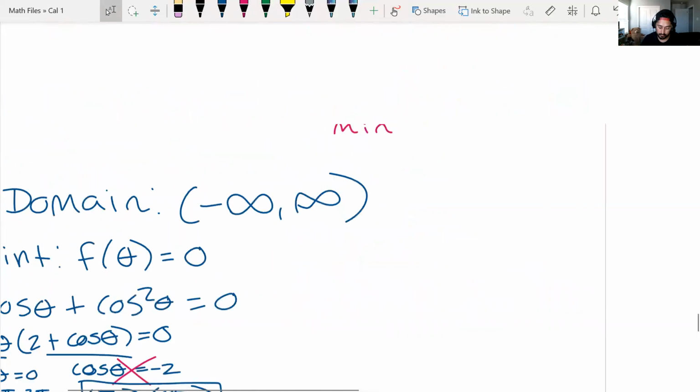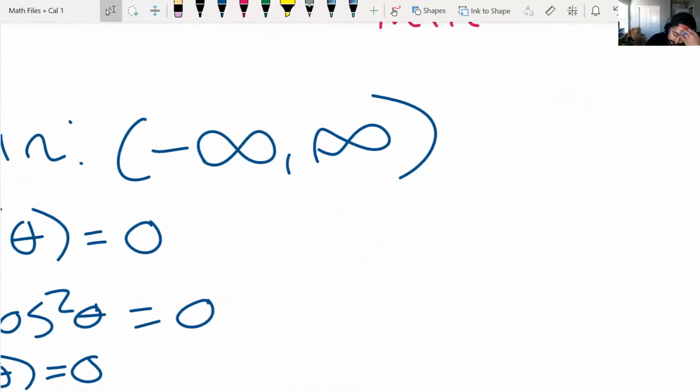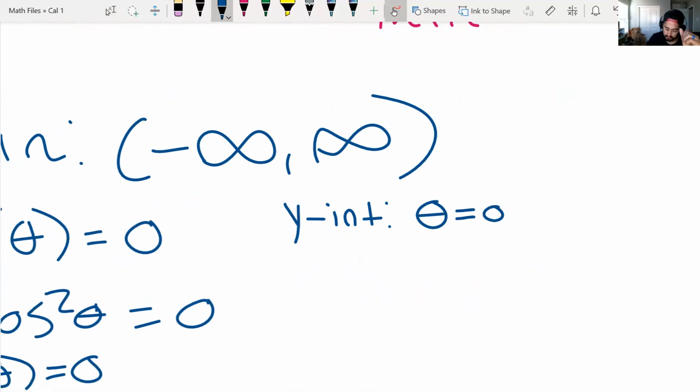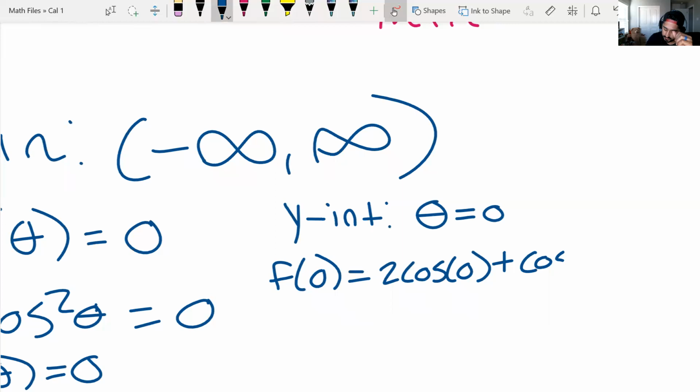And then for the y-intercept, we let x equals 0, but it's not x, it's theta equal to 0, which means I'd have f of 0 equal to 2 cosine of 0 plus cosine squared 0.